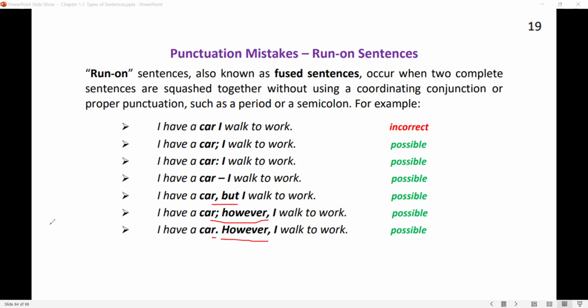So we have different possibilities. The only thing that makes a sentence wrong is not using the correct conjunction or punctuation. Without punctuation, your sentence will be incorrect.